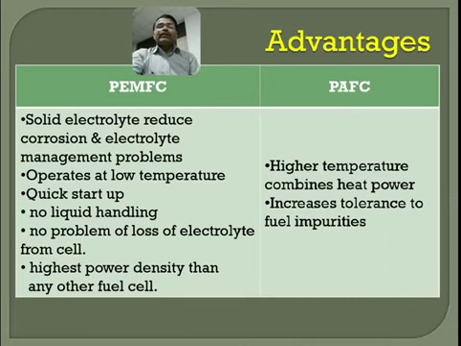PEMFC operates at low temperature, has quick startup, no liquid handling, no problem of loss of electrolyte from the cell, and power density is also very high compared to other fuel cells. So PEMFCs are found to be beneficial. What are the advantages of PAFC? Higher temperature combines heat and power. It increases tolerance to fuel impurity, which is a major advantage.